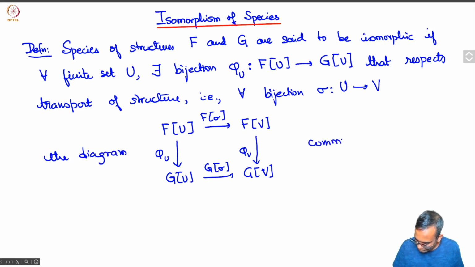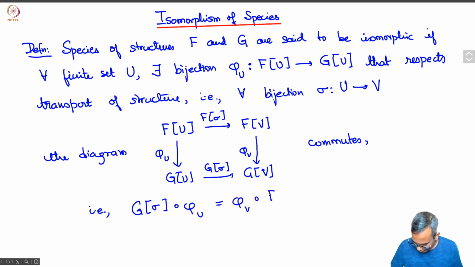What does it mean to say that this diagram commutes? This just means to say that if you take G sigma composed with phi U, this is the same as phi V composed with F sigma. Both these are functions from F of U to G of V. Those of you who are familiar with category theory will recognize this: species are nothing but functors from the category of finite sets with bijections for morphisms.